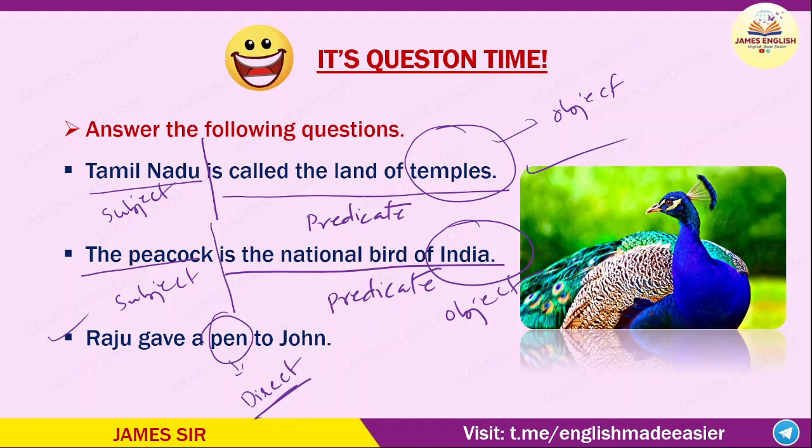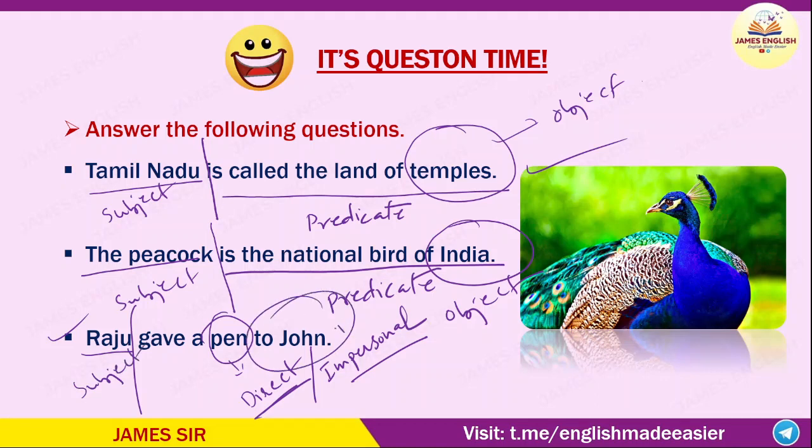Yes, impersonal object. Then what is the subject here? Raju. Raju is the subject. Okay. What is the indirect object? John. John becomes the indirect object.